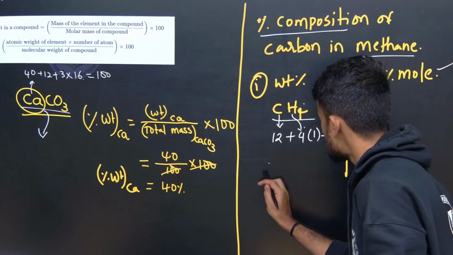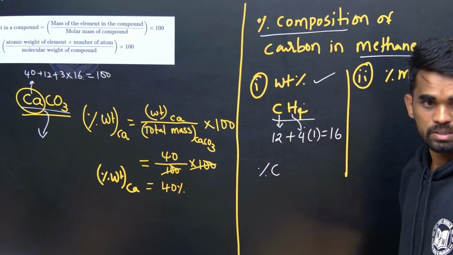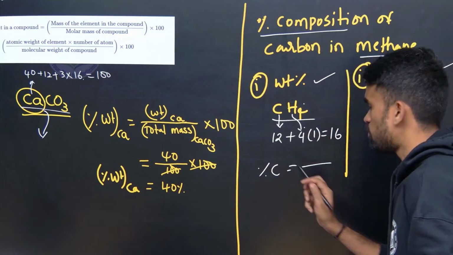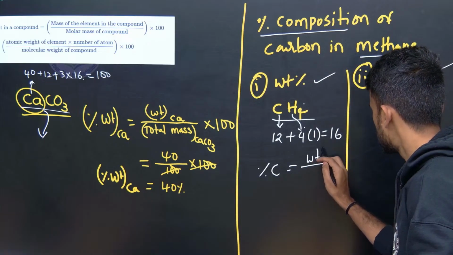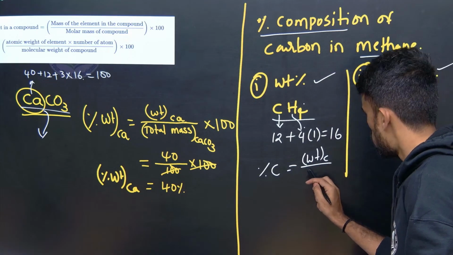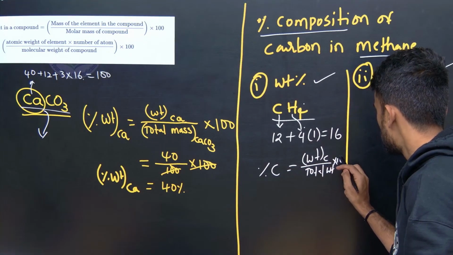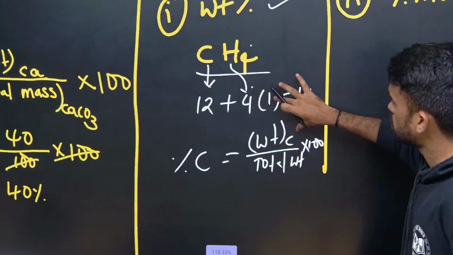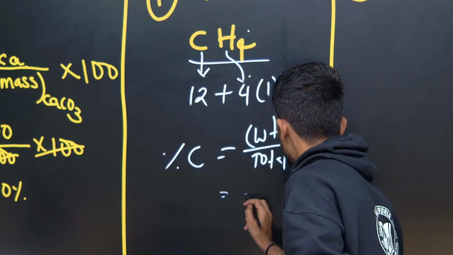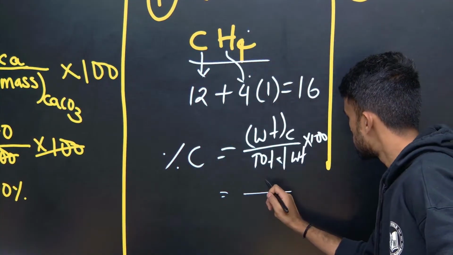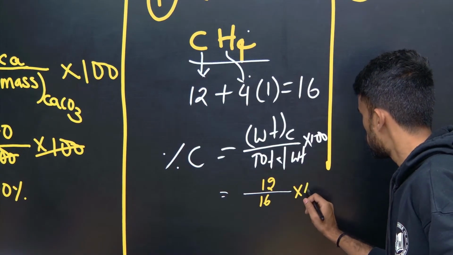Now I am asking about the carbon percentage by weight. Percentage of carbon means weight of carbon by molar mass, that is the total weight, into 100. So what is the weight of carbon? 12 by 16 into 100.